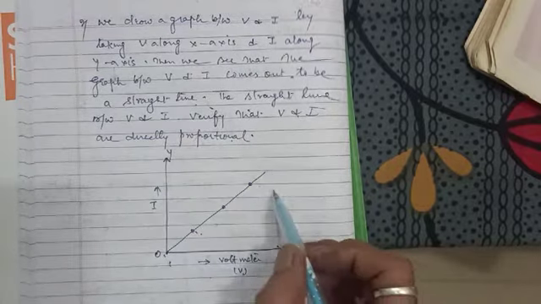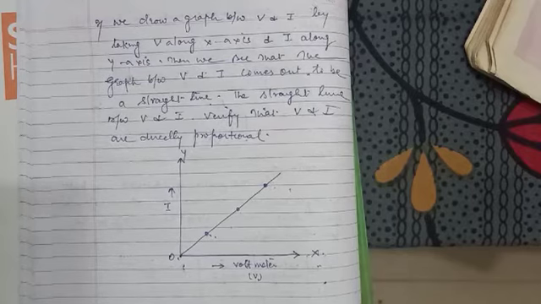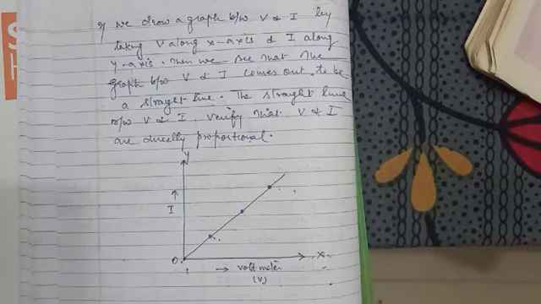So when we join them, it comes out to be a straight line. This straight line verifies that V and I are directly proportional.